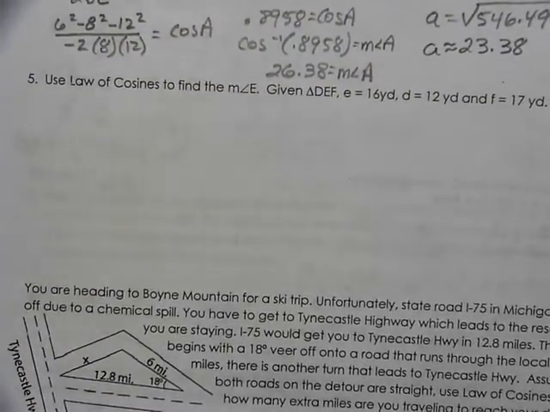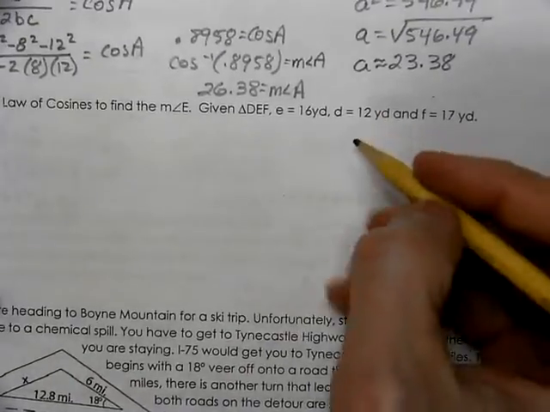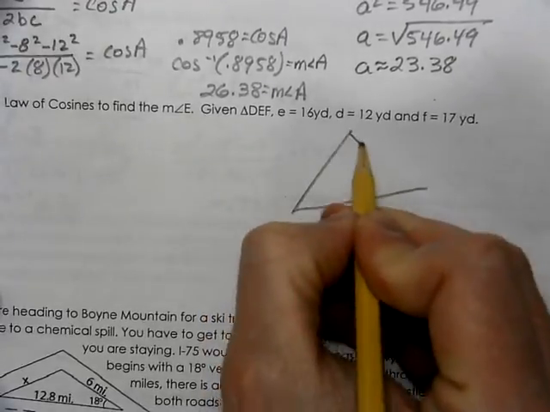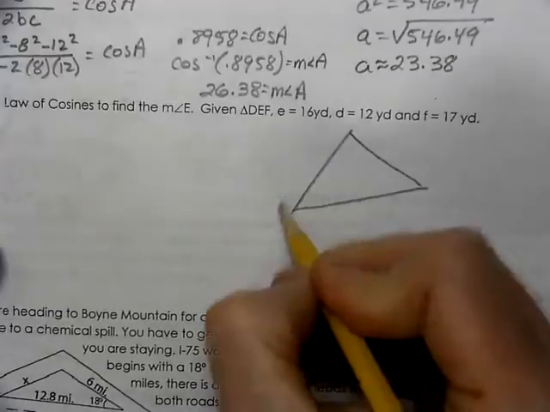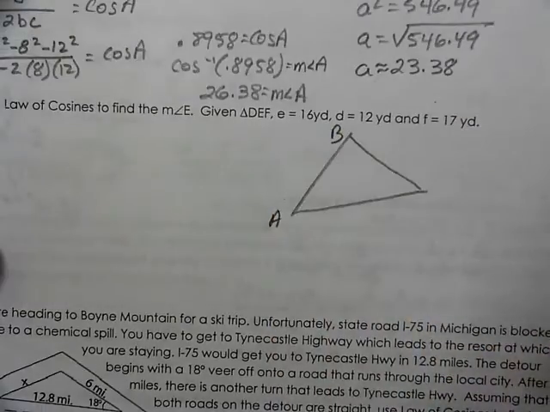For number 5, again, we're going to make a triangle. We can label that triangle with the letters in any order that we wish.